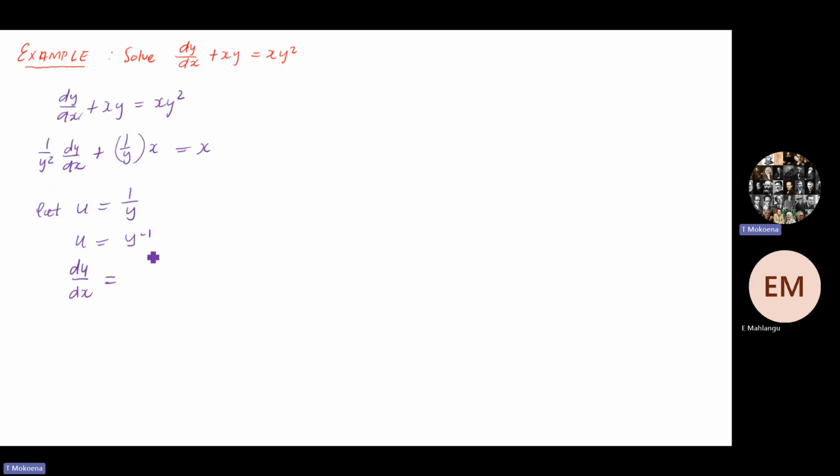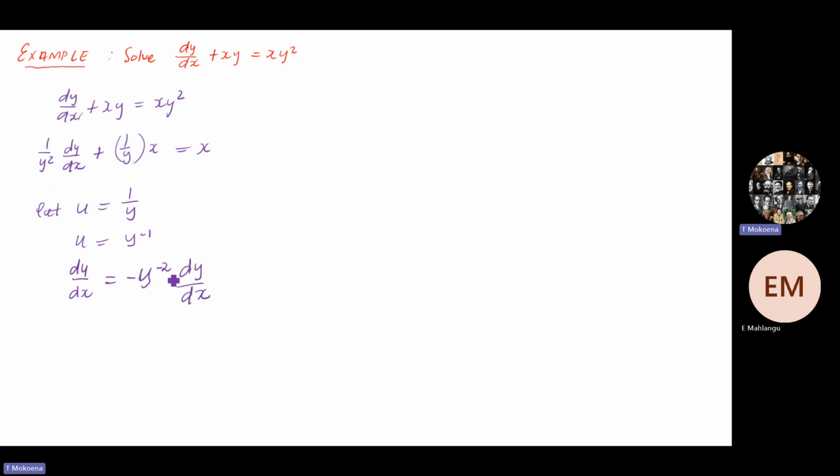When you differentiate this side, remember, take the exponent, it's going to be negative 1, and then we don't need to write that negative 1. Negative 1, you're going to get negative 2. This is differentiation. But because we are differentiating y, you're going to have dy over dx.